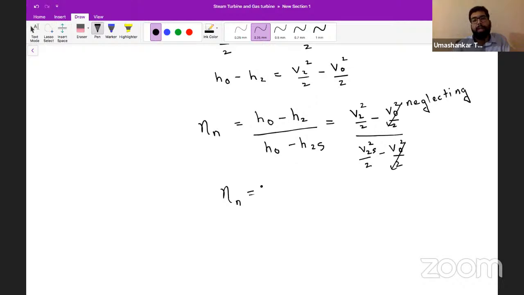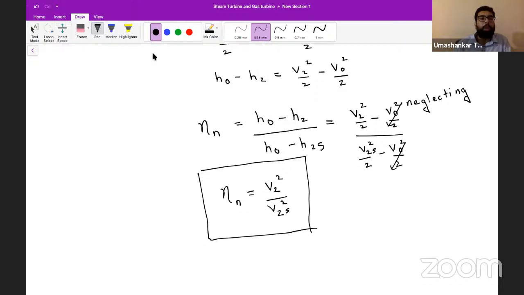So it will become V2 square upon V2s square. So we have a new formula of nozzle efficiency.